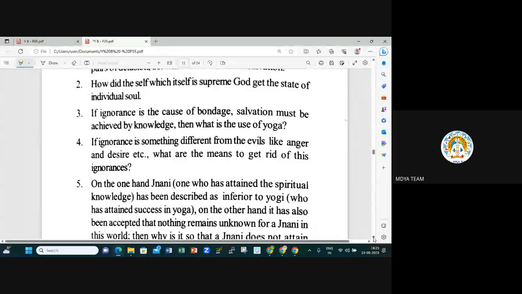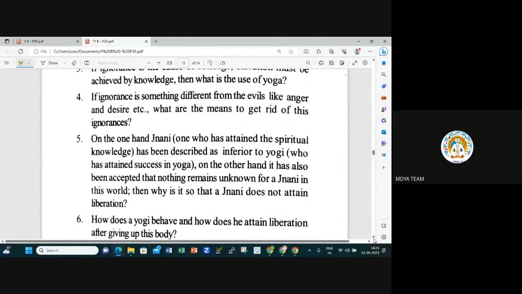Here Goddess Parvati tries to ask the question to Lord Siva. Then come to the fifth question. On the one hand, Jnani has been described as inferior to yogi. Some discussion is going on between Lord Siva and Parvati. Jnani means one who has attained spiritual knowledge.